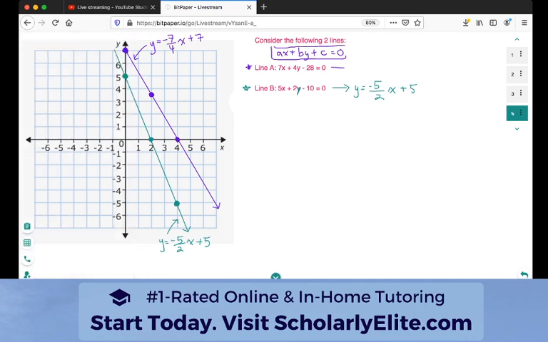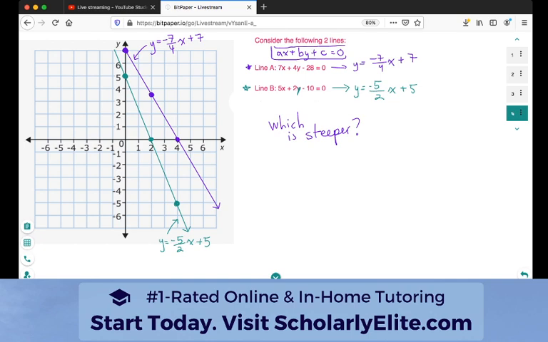Okay, and then this one is y equals negative 7 over 4x plus 7. So they want to know which is steeper. Well, we can solve for that.